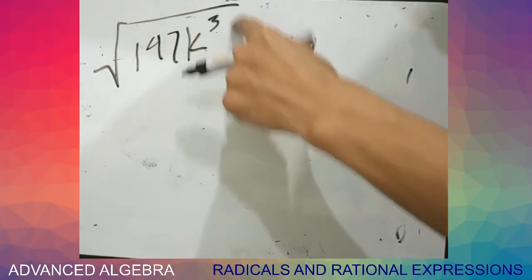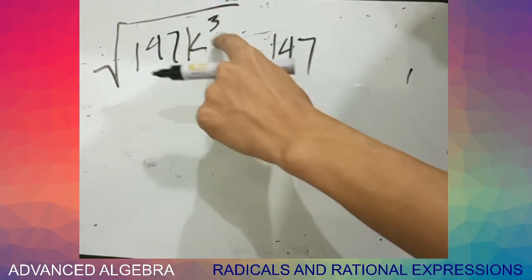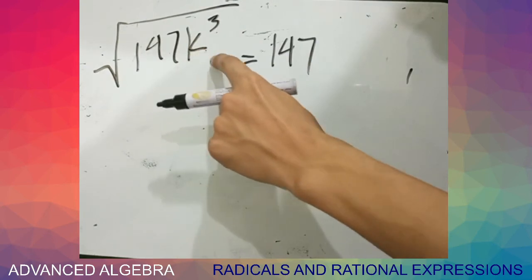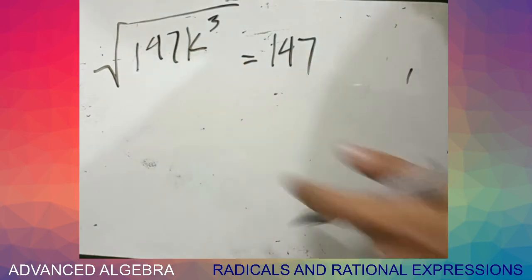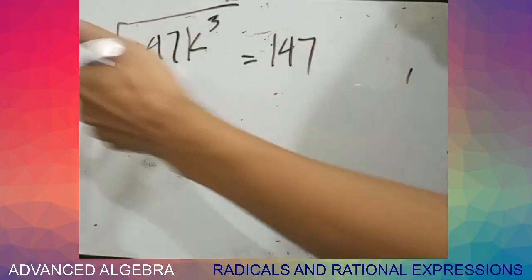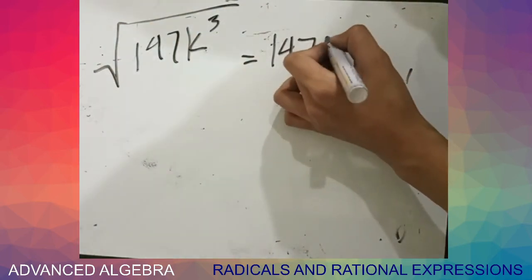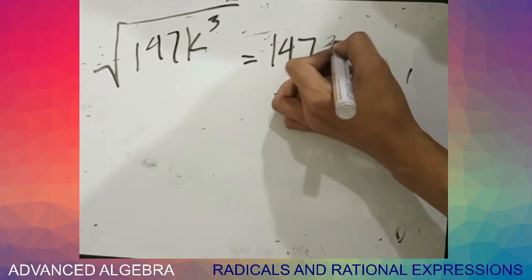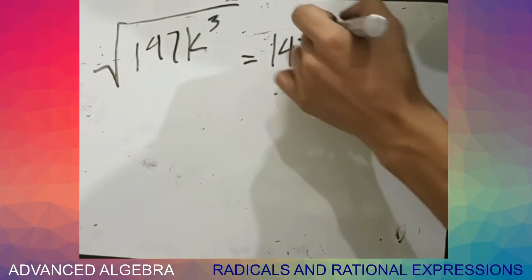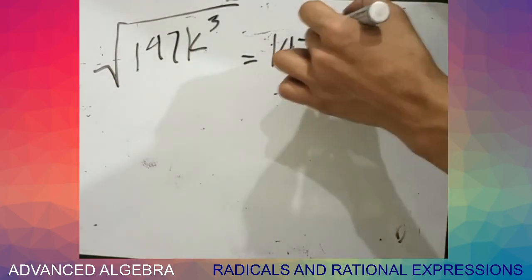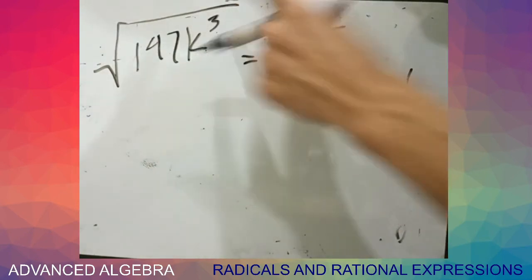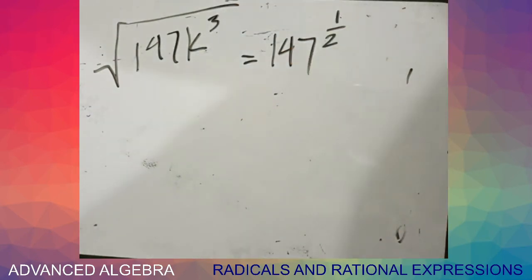So, dahil wala namang exponent dito, hindi natin pwede siyang ihiwalay. Okay? So, magiging ganito yan. So, pag wala nakasulat, automatic ang ating index ay 2. So, magiging denominator siya na exponent, tapos may over. Kapag wala, automatic 1 yun. Okay, 147 raised to 1 half power.